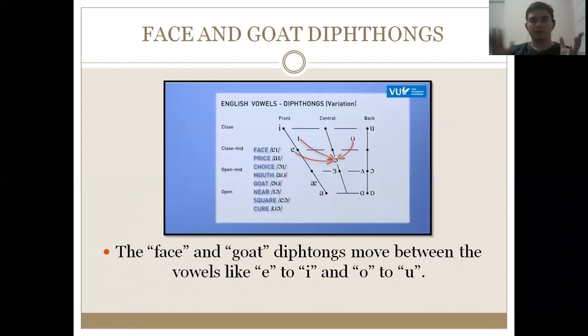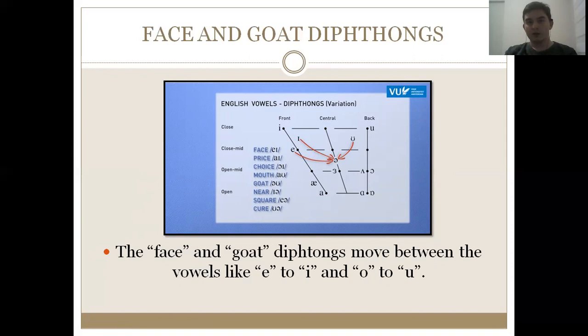If you look at the face and goat diphthongs, we've looked at diphthongs in the first part of this presentation. If you are not quite sure, you can go back and look at them again there. But we are looking at face and goat specifically in this one.